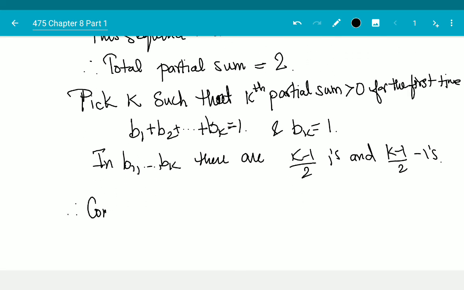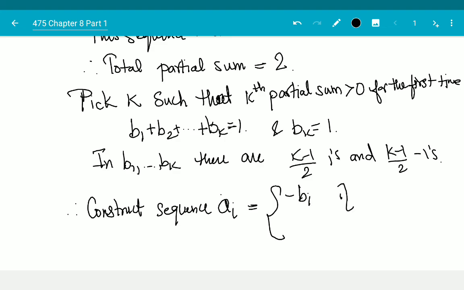Therefore, construct the sequence a_i equal to minus b_i if 1 is smaller than or equal to i smaller than or equal to k, and b_i if k plus 1 is smaller than or equal to i smaller than or equal to 2n, right?